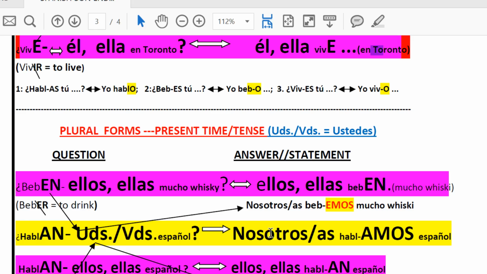The equivalent in English is we. Nosotros hablamos. Again, mos. Wherever you see mos at the end of a verb sound, you know it represents the we. We speak Spanish. Sí. Nosotros for the males, and nosotras for females. Hablamos español.